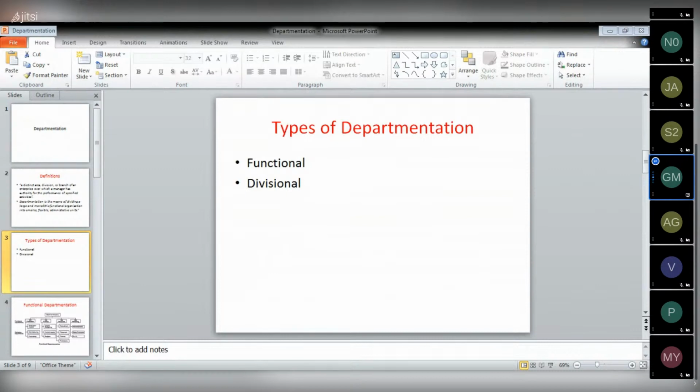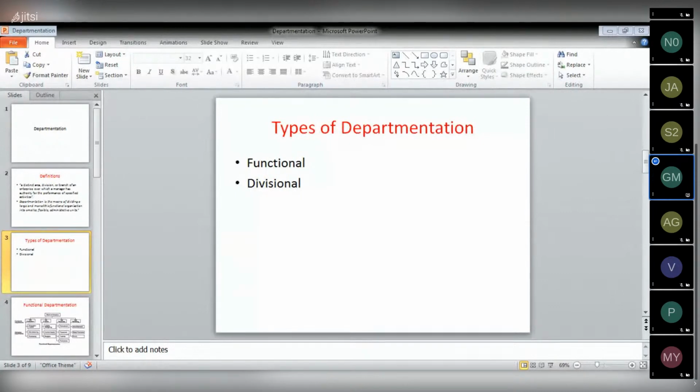See, functional organization creates departments along the activities or functions of the undertaking. I'm not saying functions means planning, organizing, staffing, directing, not those functions, right?